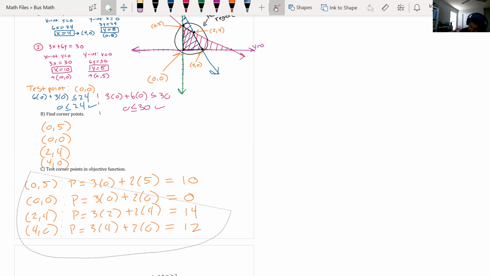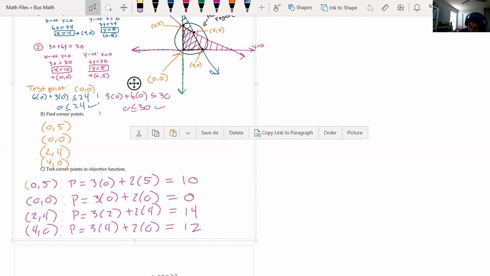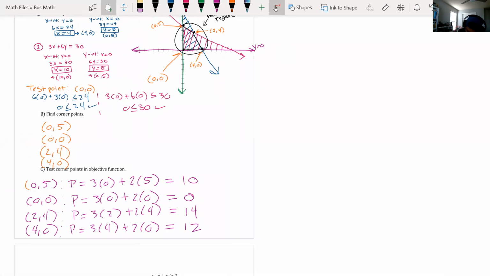I should have done these in another color. One moment. I'll change that to purple. Why not? There you go. Purple.